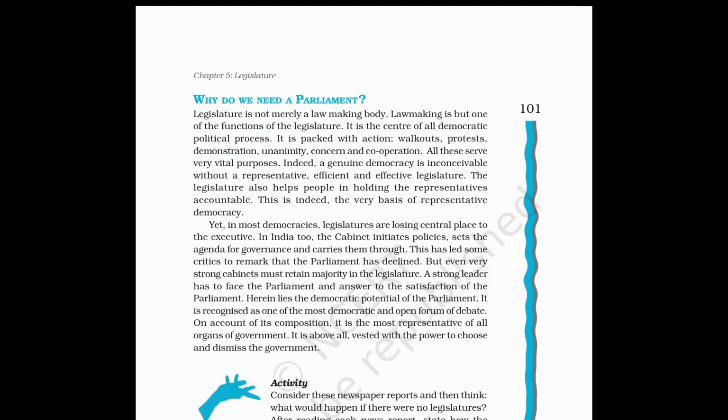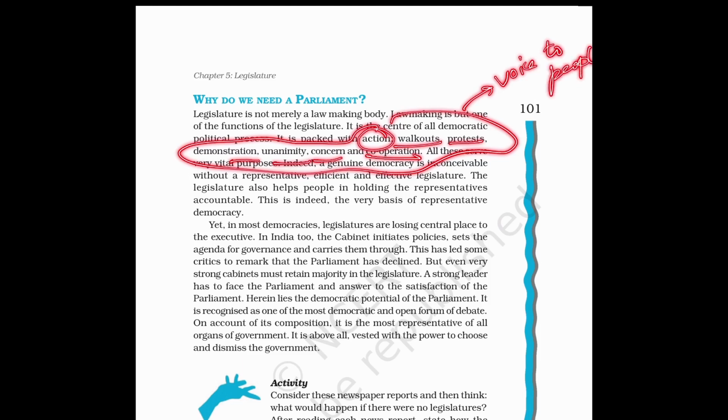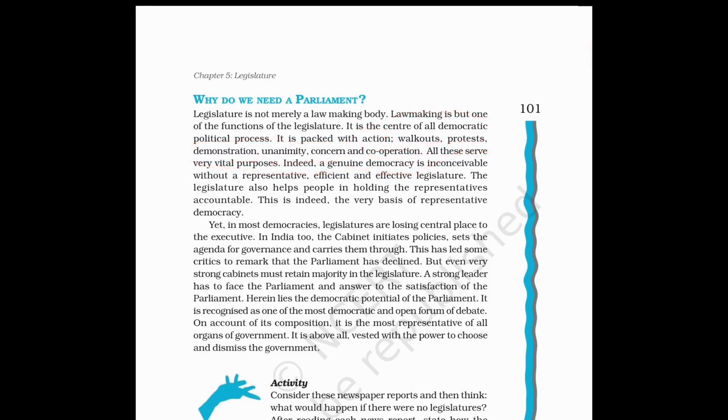For example, any kind of process related to democratic government, be it action, walkouts, protests, demonstration, unanimity, concern, cooperation, they all are related to democracy because it gives voice to the people, because democracy is about the people's government, or let's say the people's representations here. So this kind of a system, legislature gives that option to people to exercise these aspects of democracy.